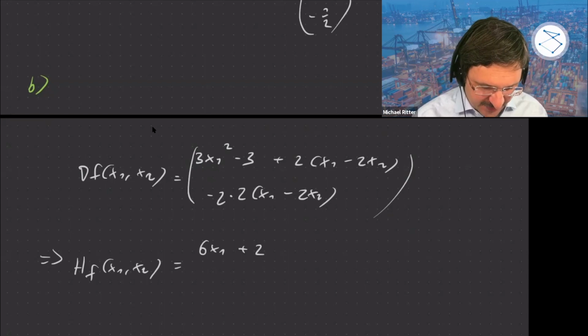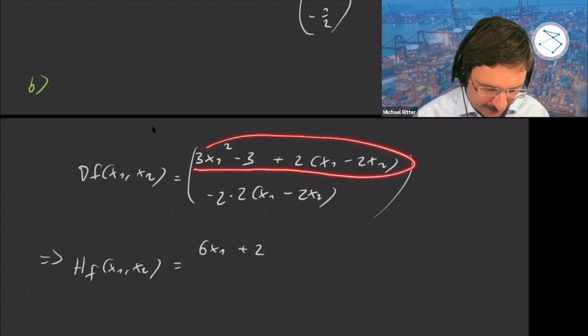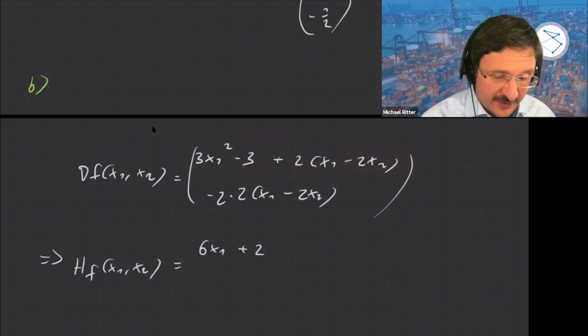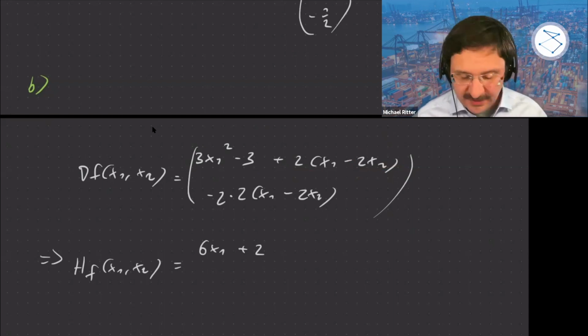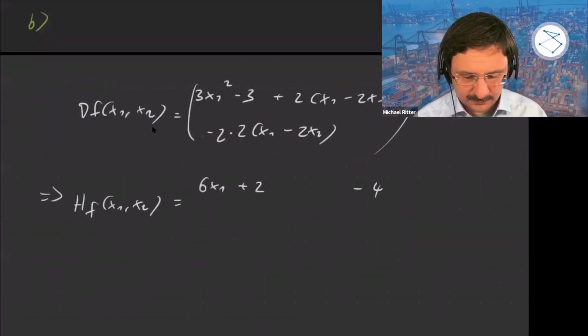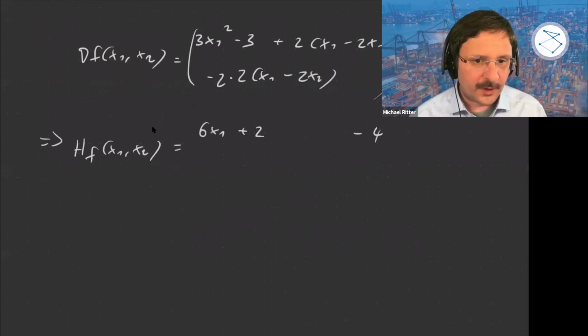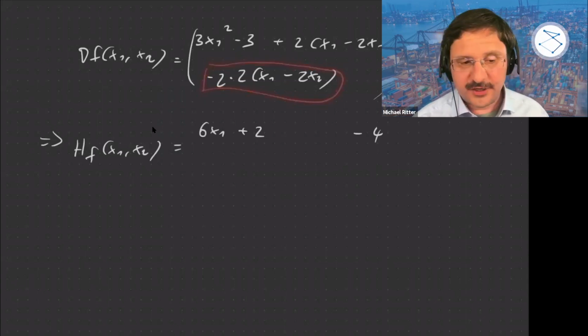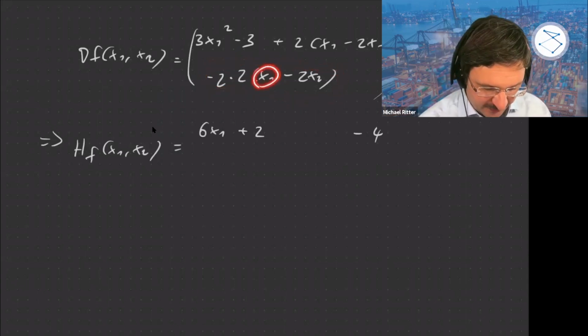If we differentiate that with respect to x2, then the only x2 is here. We have this 2, so that's 2 times minus 2x2, that's minus 4x2. So differentiating that with respect to x2 yields minus 4. Down here, differentiating with respect to x1, here's the only x1.